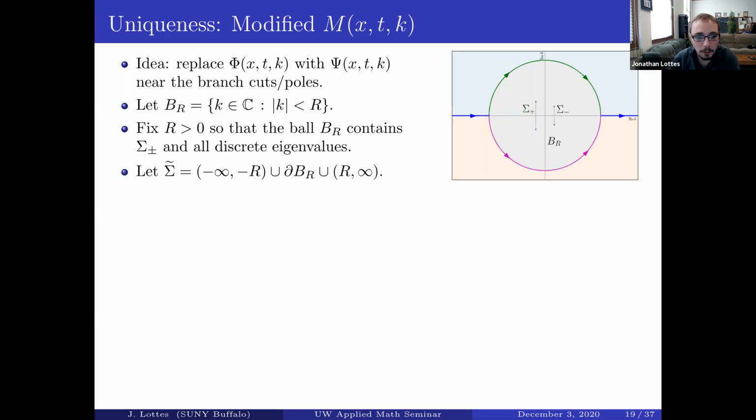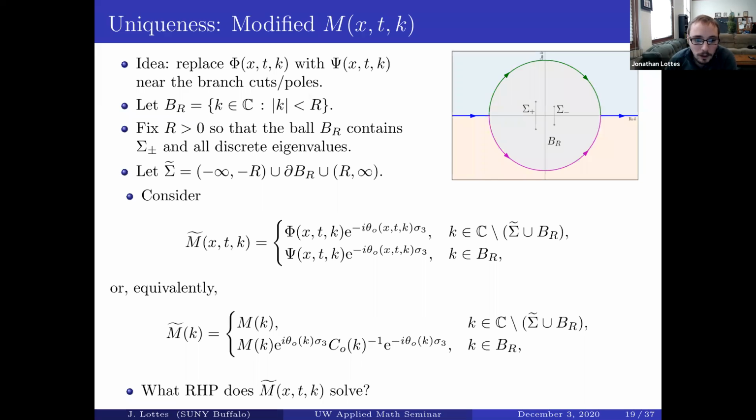Then we'll have this new jump contour sigma tilde, which is just the real axis outside the ball plus the boundary of the ball. We'll introduce a new M, I'll call it M tilde, where we use phi outside the ball and psi inside the ball. Again, we'll factor out these large k oscillations that we saw in phi so that M tilde goes like identity as k goes to infinity.